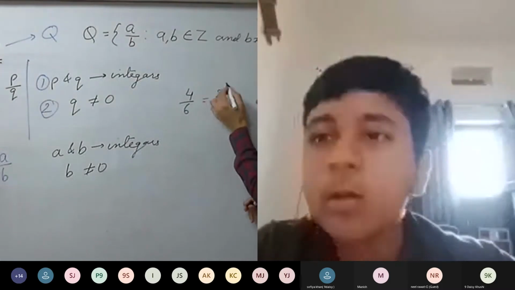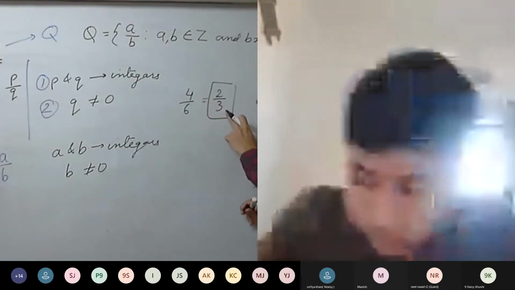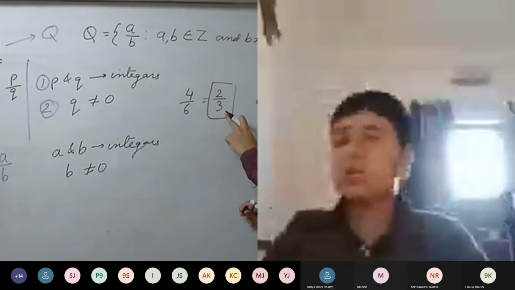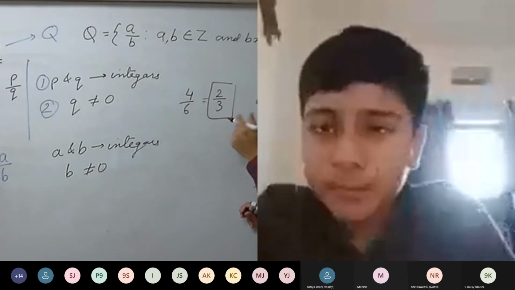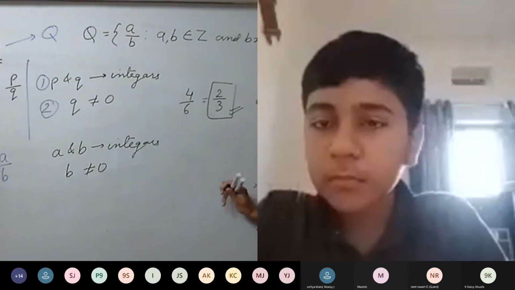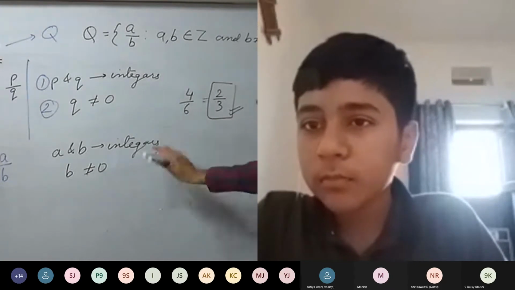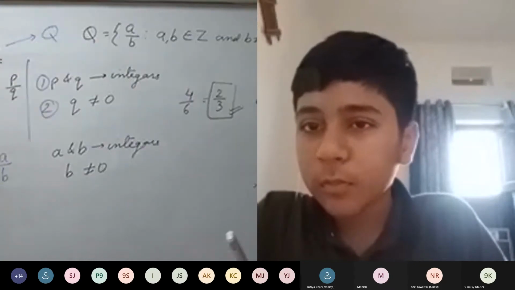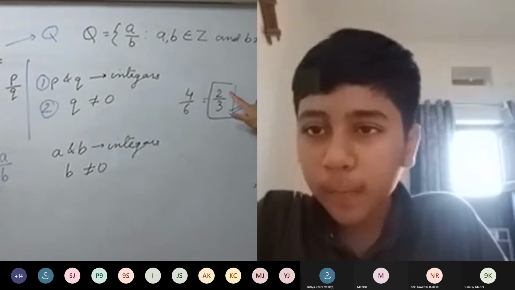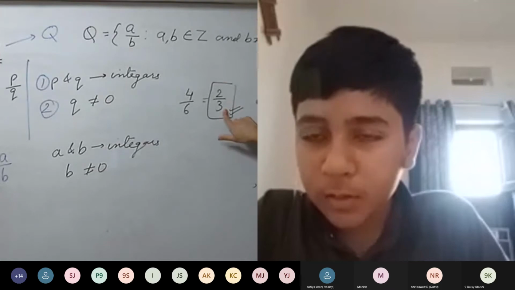So this number we can represent in the form of a ratio. That is, it can be expressed as 2 by 3. So it's a rational number. I'll be a bit slow for 2 or 3 days, and with time we will gain the pace. So 2 by 3, they are co-primes.